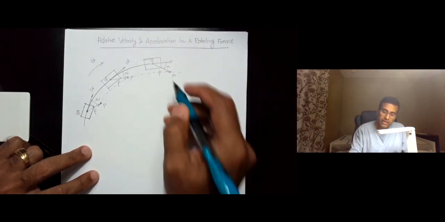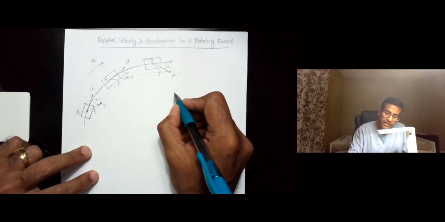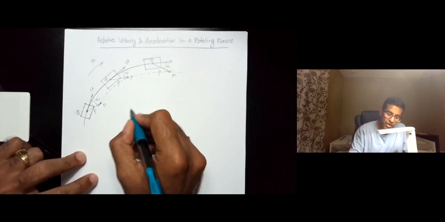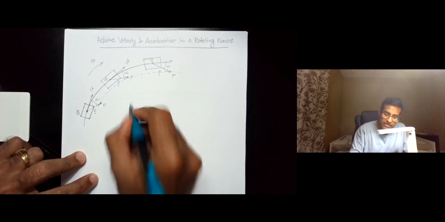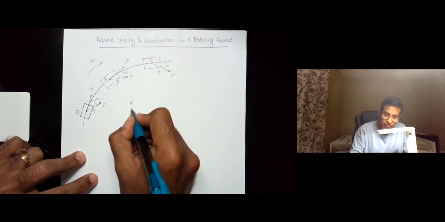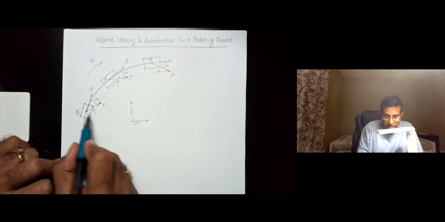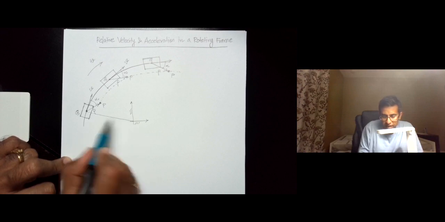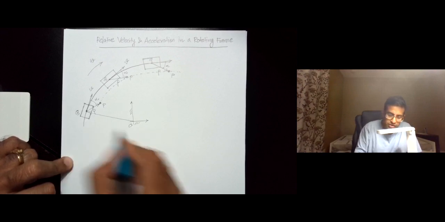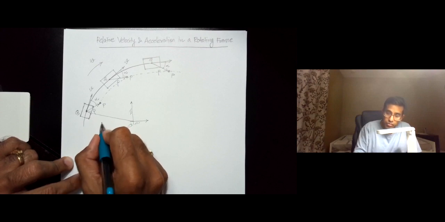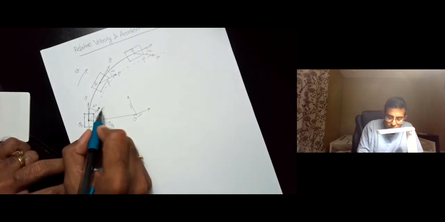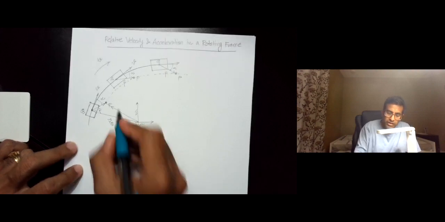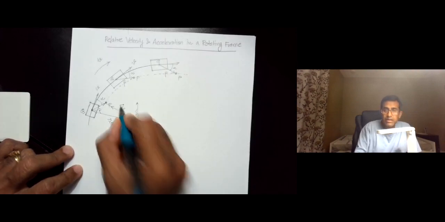Now let's start from the very basics and say that this is some fixed coordinate frame, and let's say that the vector going from the origin of that coordinate frame to Q is RQ, and the vector going from the origin to the point P is RP.